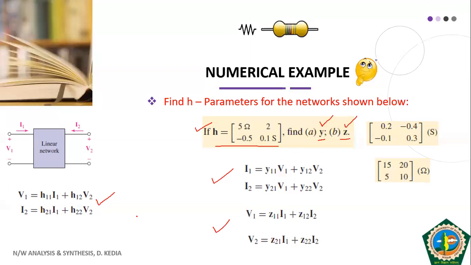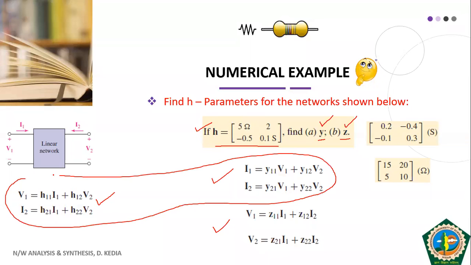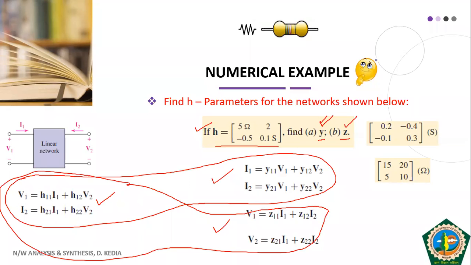So what you have to do is basically combine these equations together and find out the value of Y. Similarly, you have to combine this Z parameter equation along with the H parameter equation, and then calculate the value of your Z parameters. Okay. So this is your homework. I will share this question on the online classroom also.